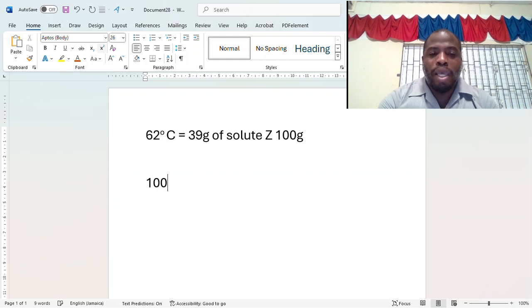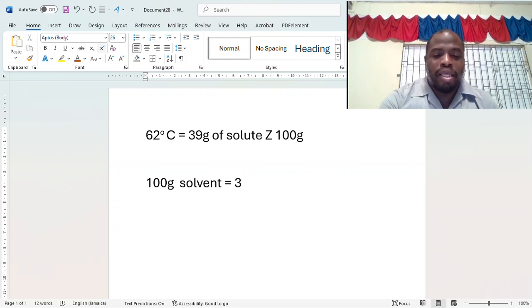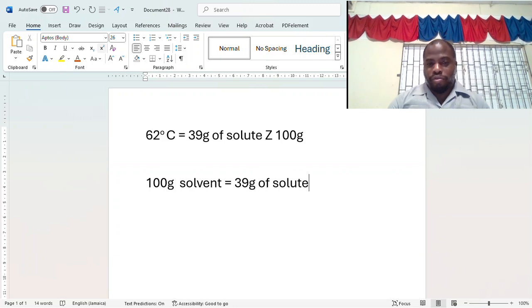We know when we have 100 grams of the solvent, it is capable of, at saturation, holding 39 grams of the solute.